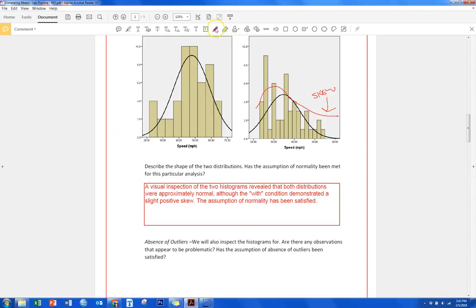Let me show you what that would look like. Let's suppose this histogram continued this way. We're about 25 miles an hour right there. Here's 10. Let's say somebody was going down the road at 5 miles an hour, right over here. Let's pretend we had an observation right over there.